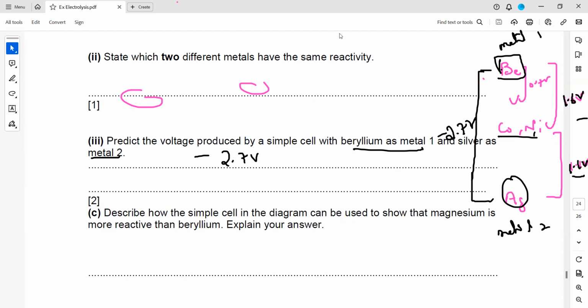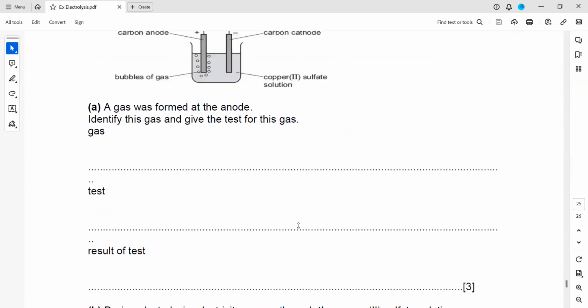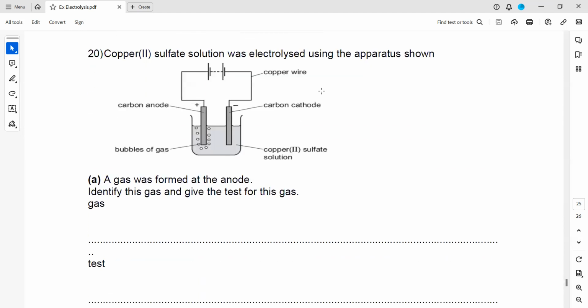Then the last page, page 25. Question number 20. Copper sulfate solution was electrolyzed using carbon electrodes. So carbon electrodes are inert electrodes. So what are the products here? We have copper ions, sulfate ions, hydrogen ions and hydroxide ions.